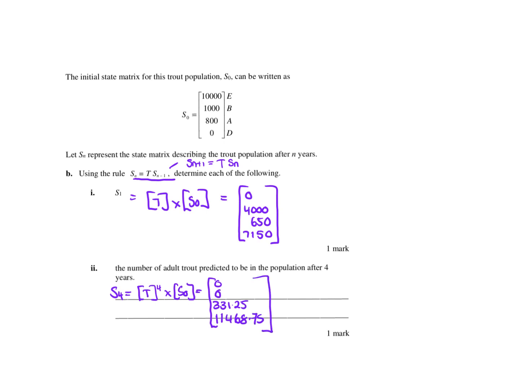Okay, so this is E, B, A, and D. Now they just want the adults. So there's the adult. So the number of adult, we'll just say 331.